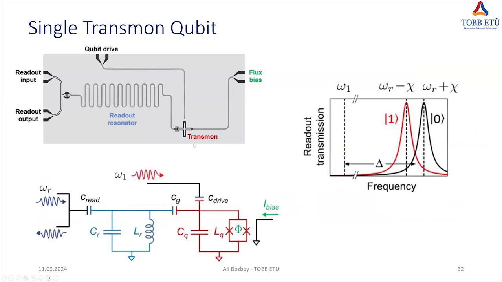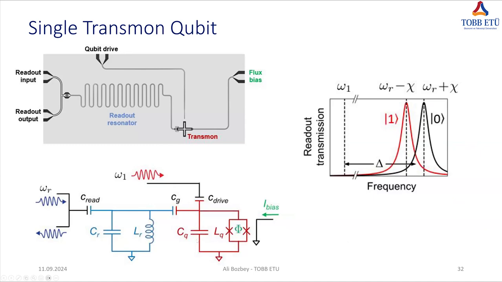And this is a single transmon qubit. So this is the transmon. And to interact with the outside world, you give some qubit drive, flux bias, and then a readout resonator. And the circuit model of this is like this.